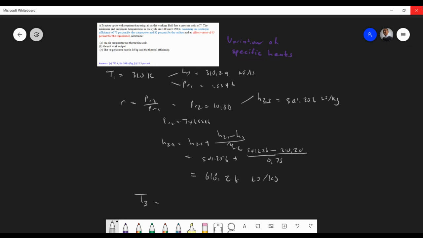So in this case, it's going to be 1184. I'm assuming you guys do know that. If you're looking for a value between 2 values, you just have to find the average of them. So T3 was 1150.